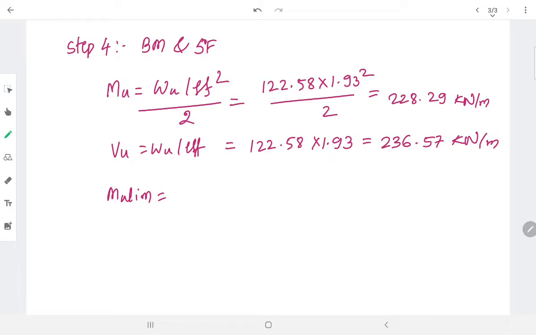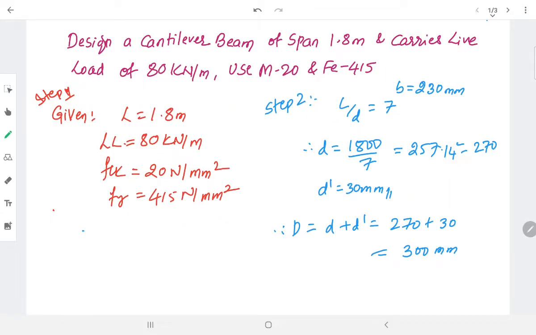Before judging whether it is singly or doubly, I must calculate Mu limit. The grade of steel I used in this problem is, sorry, Fe 500 steel, so I'll be taking Fe 500.